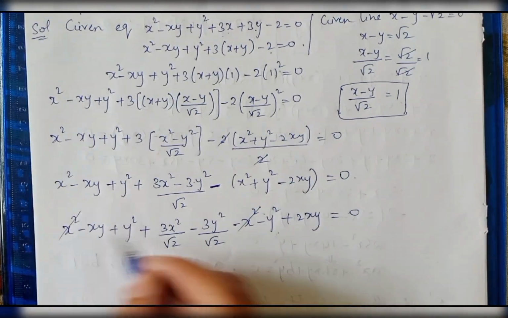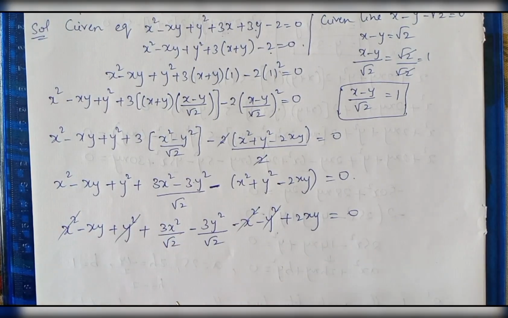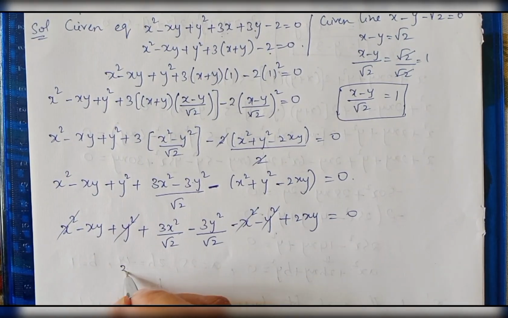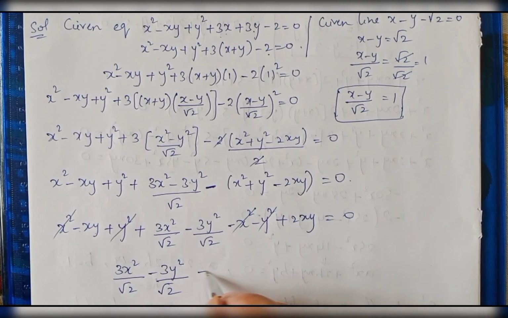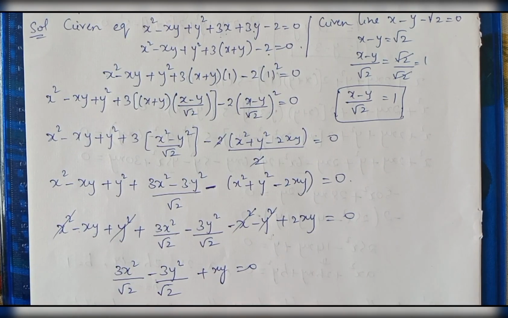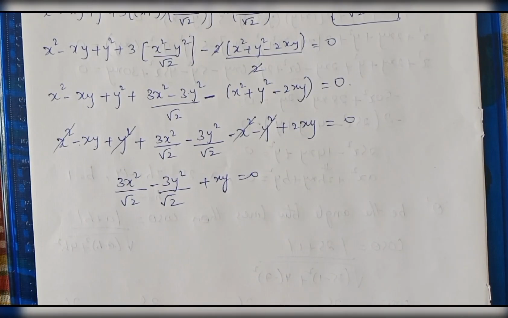So here negative and positive get cancelled. The terms remaining are 3x square by root 2 minus 3y square by root 2, and here minus xy plus 2xy is plus xy equal to root 2.